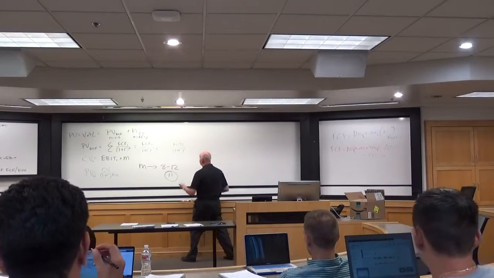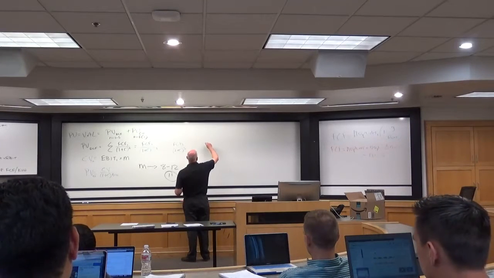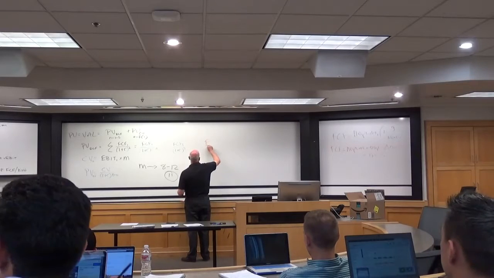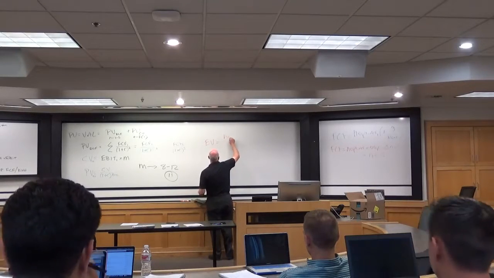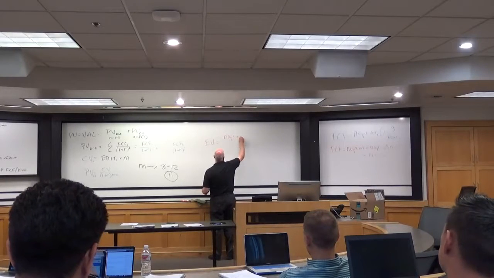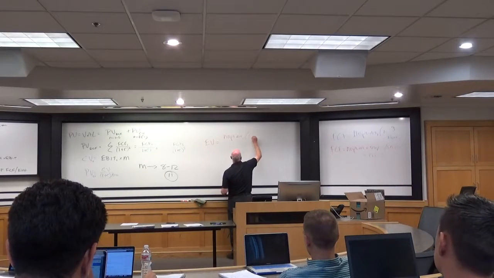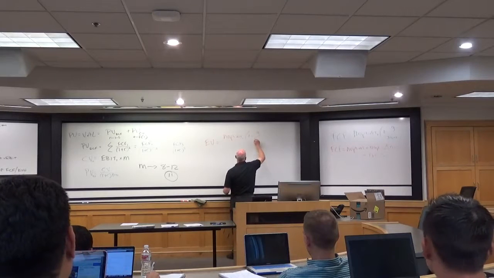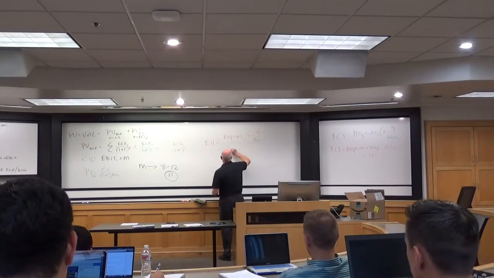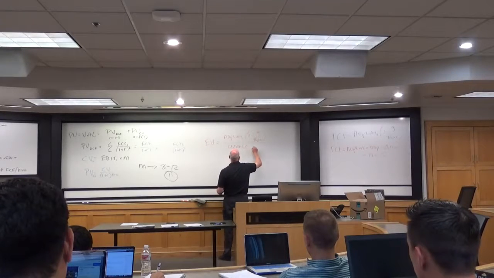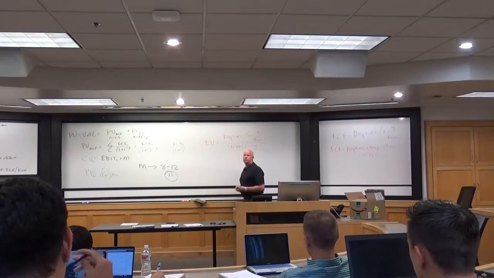Look at this for a minute. I know that enterprise value can be equal to NOPLAT times 1 minus G divided by ROIC, divided by WACC minus G, right?